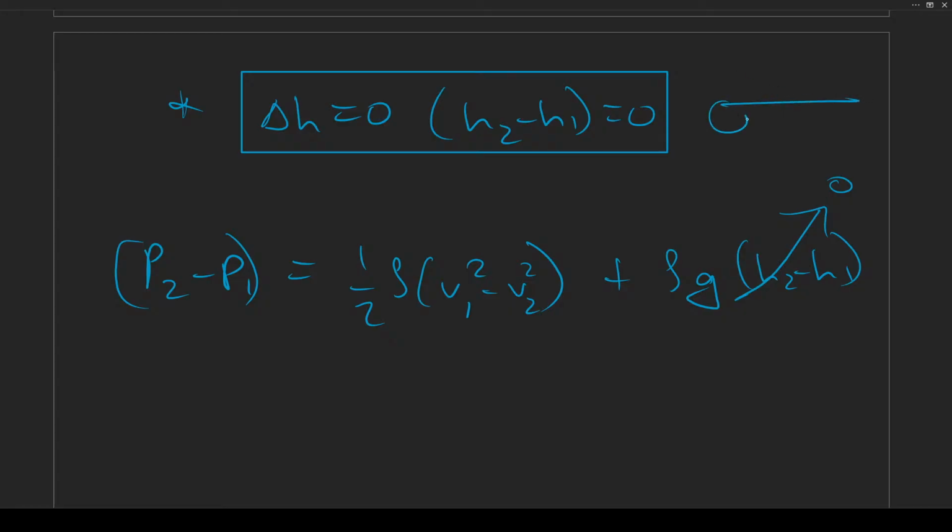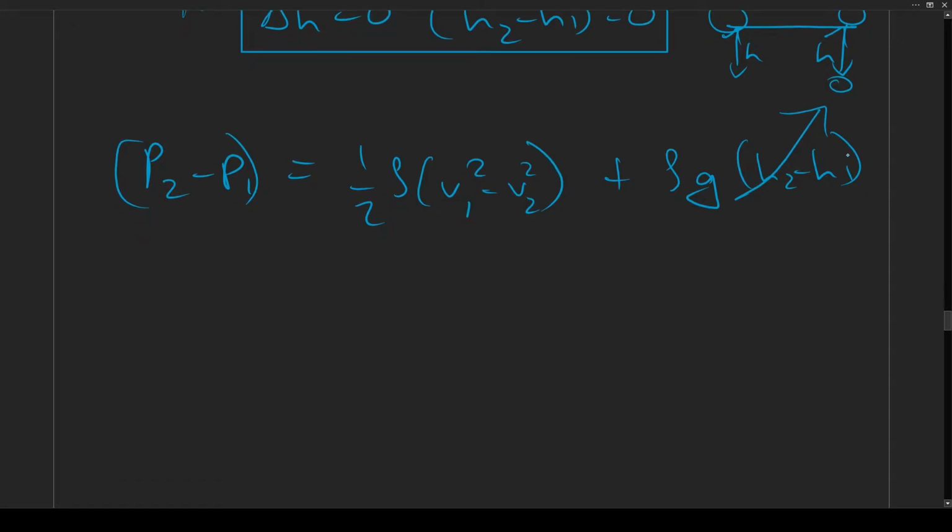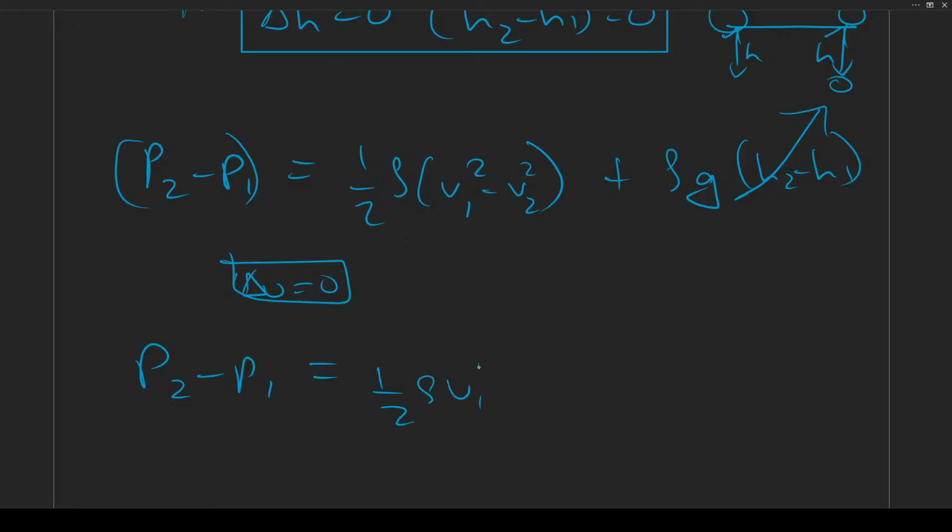Basically a horizontal pipe. In this case, the height is the same at any place, so H2 minus H1 is 0, the whole term becomes 0, delta U equals 0. In such a case, P2 minus P1 is equal to half rho V1 square minus V2 square.